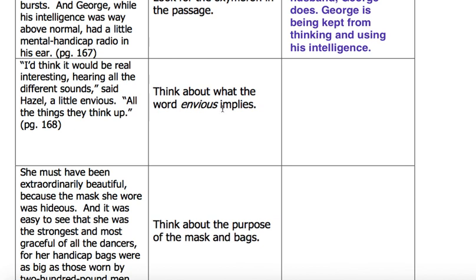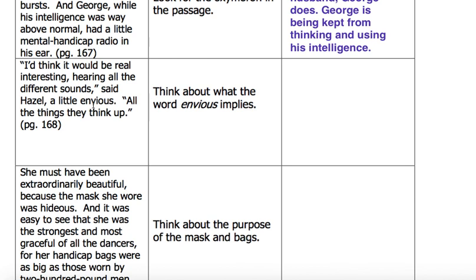So they want you to think about what the word envious here implies. It says that she is a little envious of the people that have those handicaps, those neurotransmitters in their heads. In other words, she's jealous of her husband because anytime he thinks, he's stopped with all of those noises.